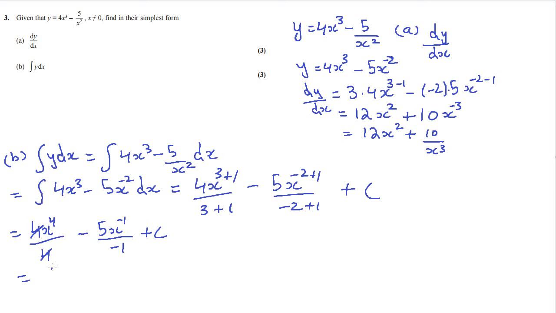So you will get x to the 4 plus 5x to the minus 1 plus c. Similar to the last part, best to rewrite these negative powers in the denominator. So finally you have x to the 4 plus 5 over x plus c. So this is your final answer. Let's move on to the next question. Thank you.